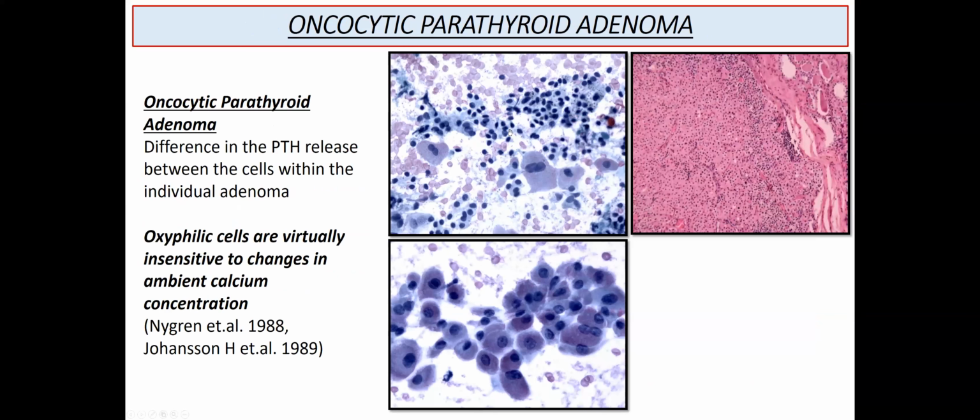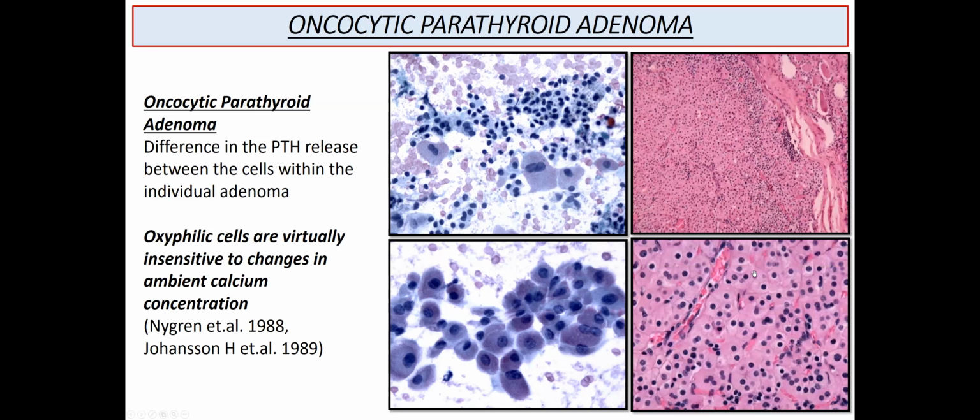This is an FNA of an oncocytic parathyroid lesion, which has a lot of oncocytes in it, and this was actually an oncocytic adenoma. One thing about oncocytic adenomas is that they may not respond so readily, or at that level, as non-oncocytic parathyroid adenomas do.